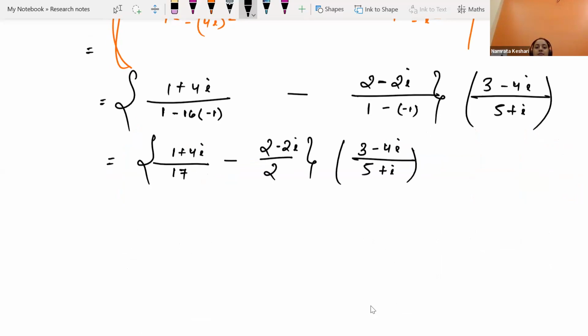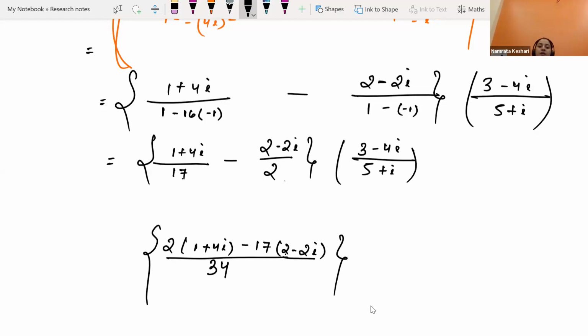Yes, 34. 17 times 2 is 34, so 2 we need to multiply with this numerator. 2 times 17 is 34, so 17 we need to multiply with this numerator. Confusion so far, Alina? No, ma'am.